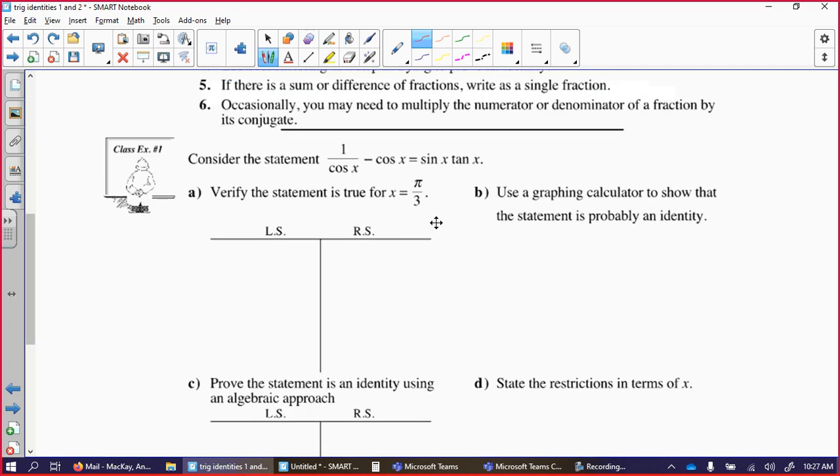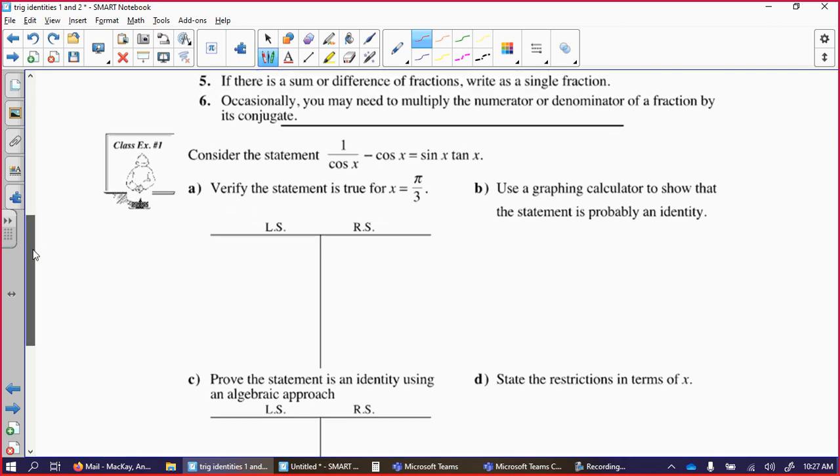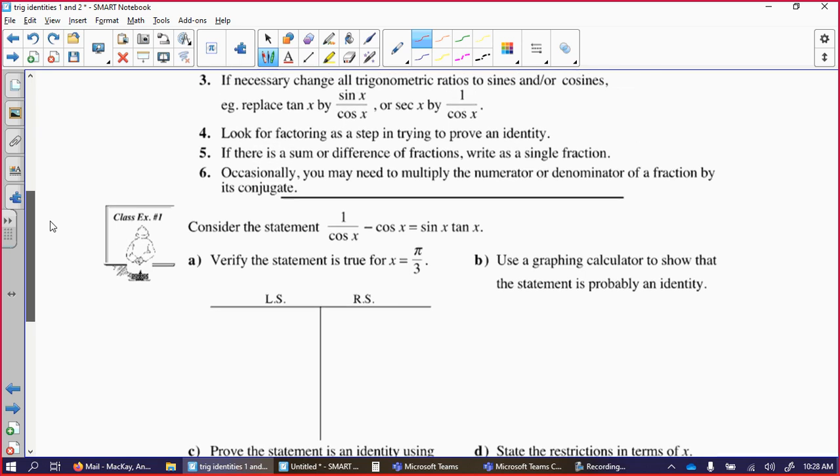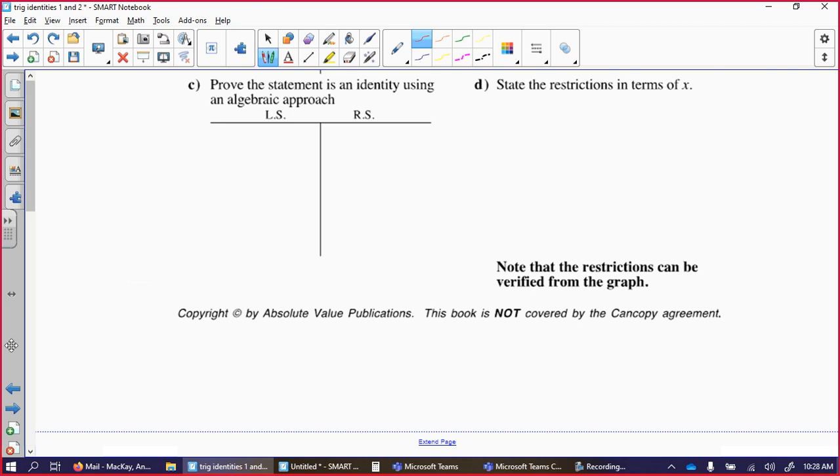You can do it by putting values in and using the numbers, and I might do one with pi over 3, but it's really all about proving them.